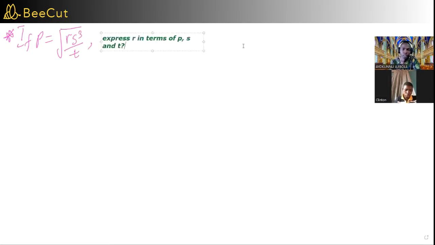If P equals the square root of rs cubed over t, then the job is to express r in terms of p, s, and t.